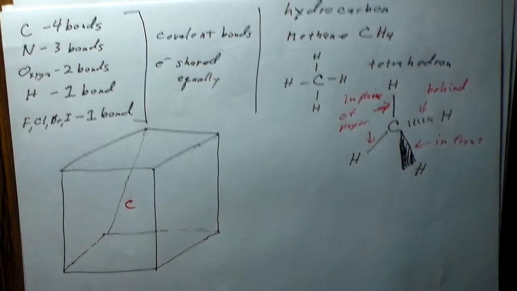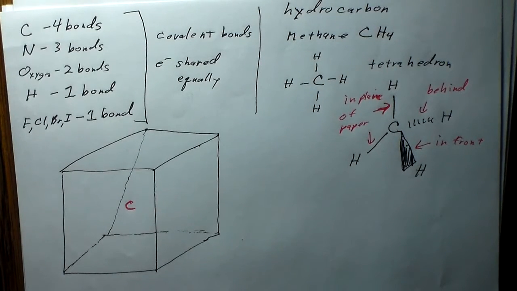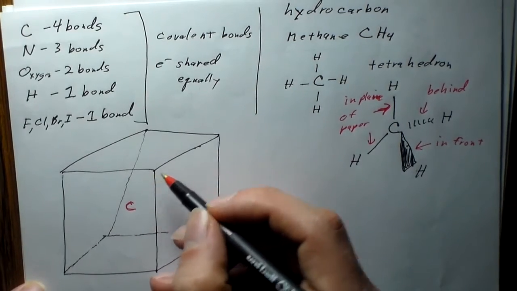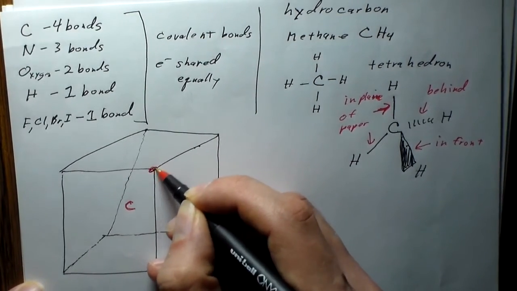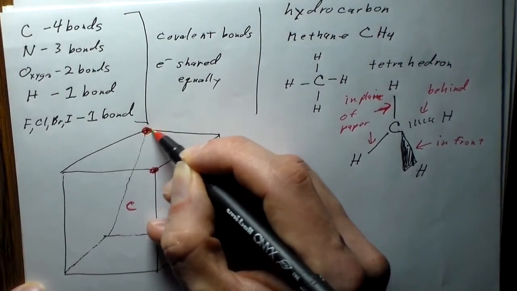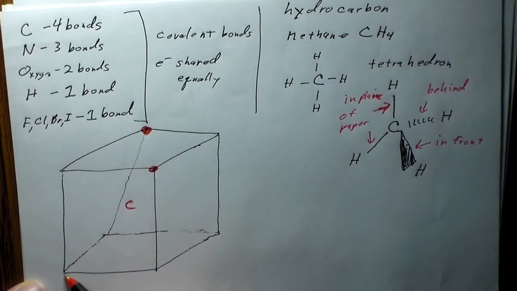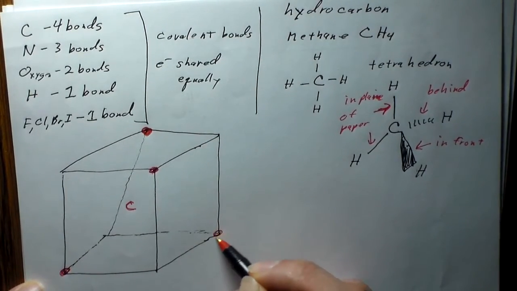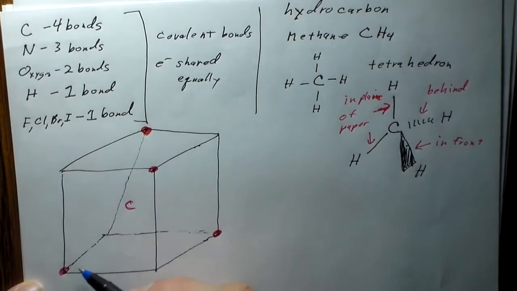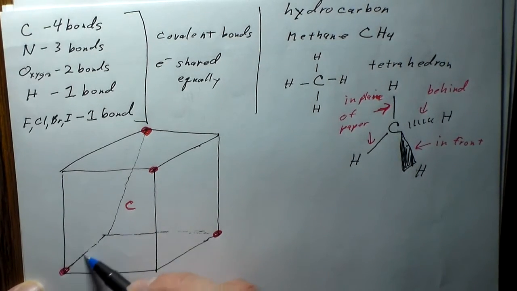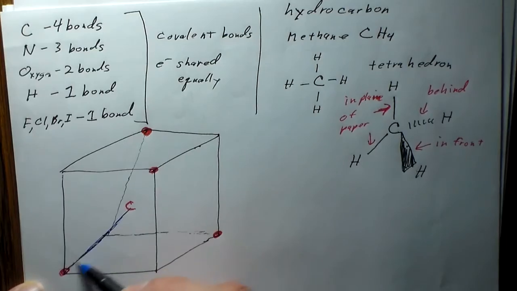Okay, so there's my carbon in the middle of the cube. Then what we have to do is place my hydrogen atoms, and here I'll just draw them as little dots. Okay, so we can put 1 hydrogen here, 1 hydrogen over here, and then we can put 1 hydrogen in this corner and 1 hydrogen on that corner. So right here, this is going to be attaching to my carbon this way.